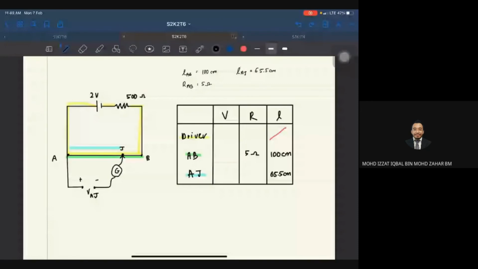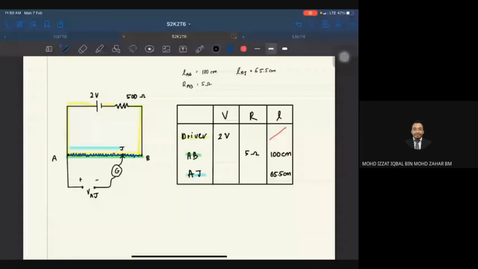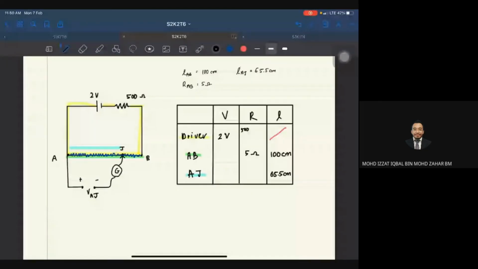To solve this one, you can find a certain value. For example, if I want to find VAB, I need to have 3 pieces of information, then I can get this one. I can pair these all together. Written mathematically, it is a ratio, so I can write VAB over 2 equals 5 over 505.